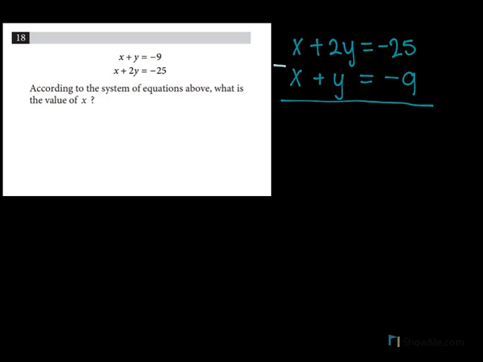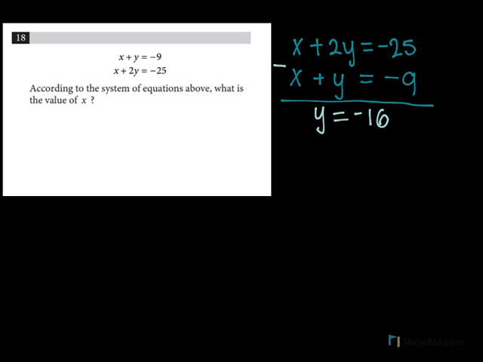So if we were to subtract this, we would just have x minus x is 0, 2y minus y is just y, and negative 25 minus negative 9, which is basically just negative 25 plus 9, would be negative 16. So we would get y equals negative 16.